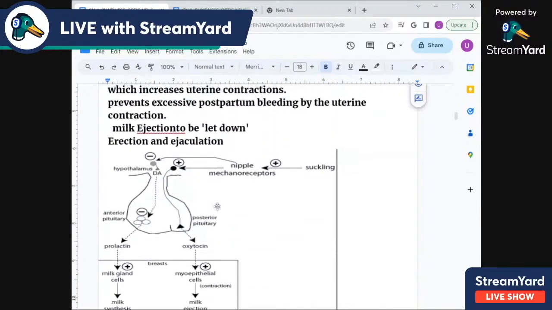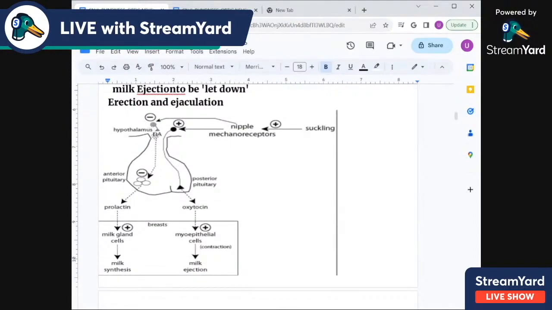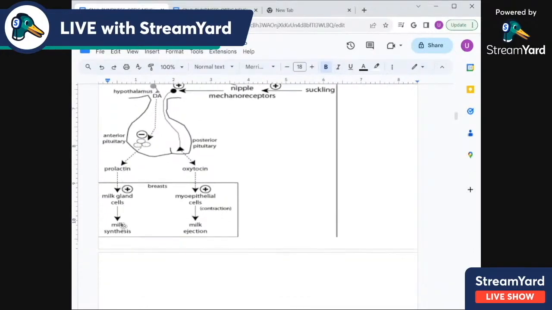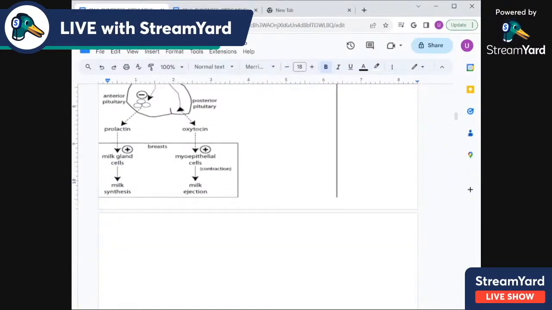Whereas suckling causes stimulation of mechanoreceptors, and it also stimulates the production of prolactin. Dopamine is inhibitory to prolactin. So this mechanostimulation causes prolactin production from the pituitary, and that acts on the mammary gland and produces milk synthesis by combining casein and lactalbumin. What is important about prolactin is that it is also involved in the LH surge.